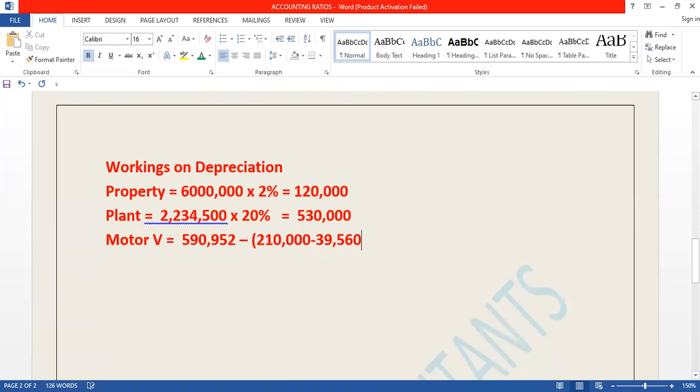Now let's see it. What do you get? You less it from the total cost. What do we have?